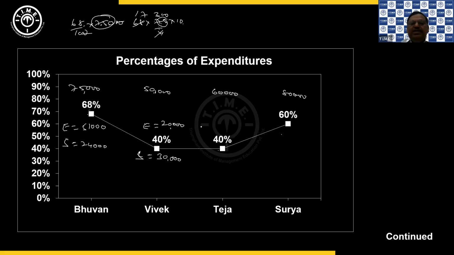For Teja, 40% expenditure means 40% of 60,000 will be 24,000. 60 minus 24, savings will be 36,000. Next, expenditure for Surya is 60% of 80,000, which is 48,000. Savings is going to be 32,000.